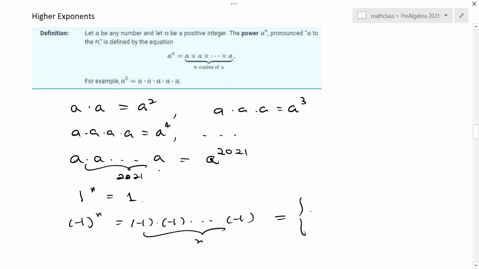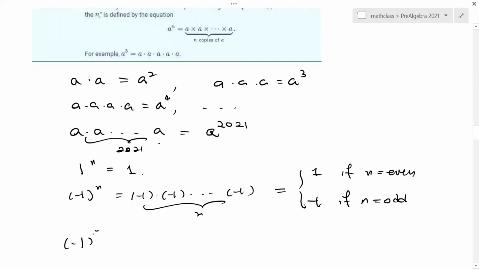We can express it this way: it's positive one if n is even, negative one if n is odd. For example, -1 to the power 7 is negative 1. -1 to the 2020 is positive 1 because 2020 is even.